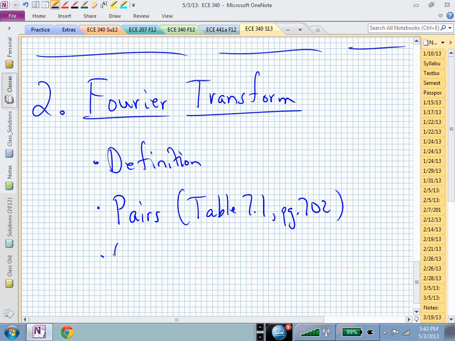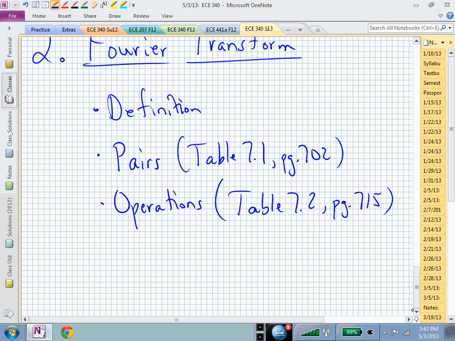It also might be nice or helpful to know how to apply the operations or the theorems. It depends on how you want to label that. That's now table 7.2 on page 715 in the text.